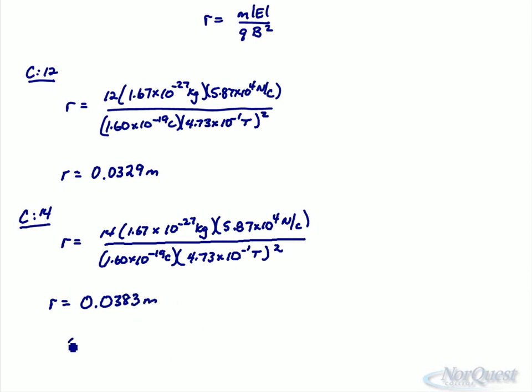meters. And what we want to find out is the difference in R, which is 0.0383 meters minus 0.0329 meters.